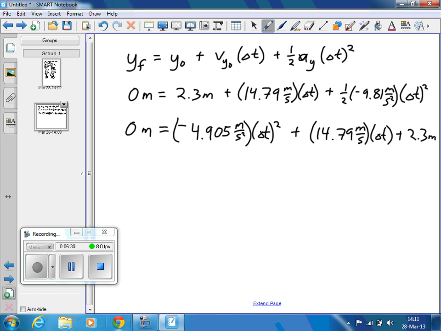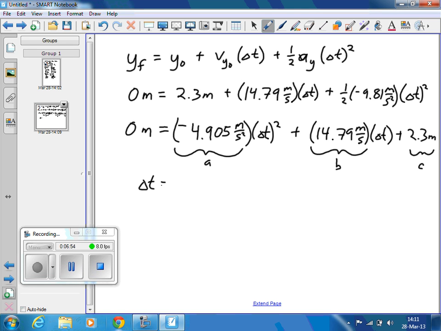So now that it's in that form, I can see once again this thing is A. I'm labeling them. This one is B. This one is C. And I can now use my quadratic formula to solve for the unknown delta t.